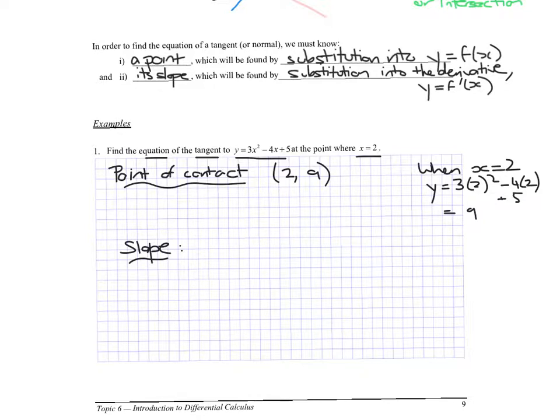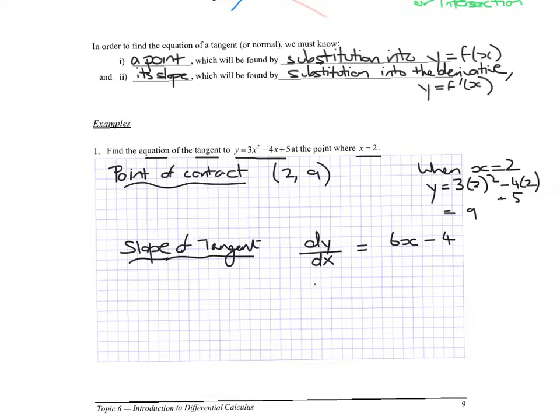Then our slope of the tangent, well, we're going to use the derivative to do that, and we want to substitute into the derivative. I'm going to talk about dy/dx as my derivative. So dy/dx is going to equal 3 over 2, no, 3 times 2x, take 4, so we're going to multiply down, subtract 1. 2 times 3 is 6, so 6x take 4.